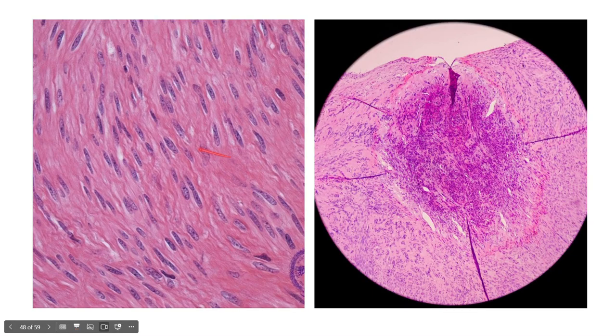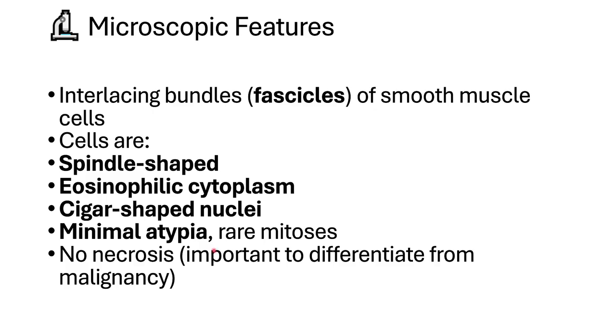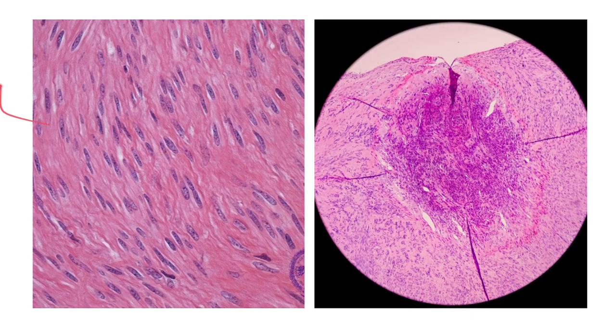You can see the spindle shape of the cells, and inside the cells you have the cigar-shaped nuclei. There is rare or minimal mitosis, no necrosis, and interlacing bundles or fascicles of smooth muscle cells can be seen.